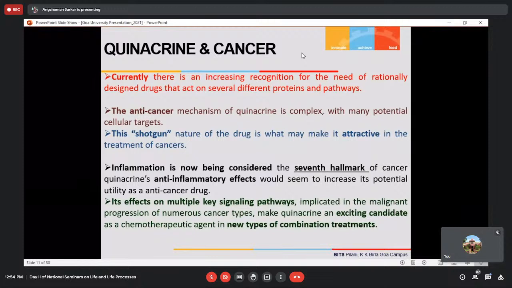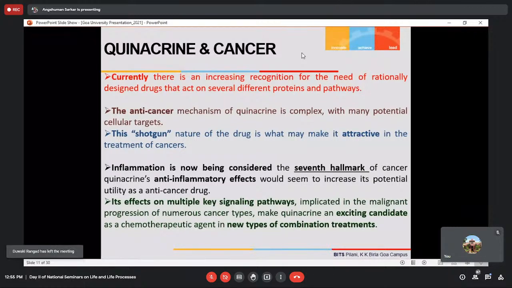And inflammation, which Professor Bandyopadhyay also told us this morning is involved in cardiac myocardial infarction, as well as we have seen in the case of cancer, inflammation is now considered another hallmark of cancer biology. In cancer, there are 6 hallmarks basically.